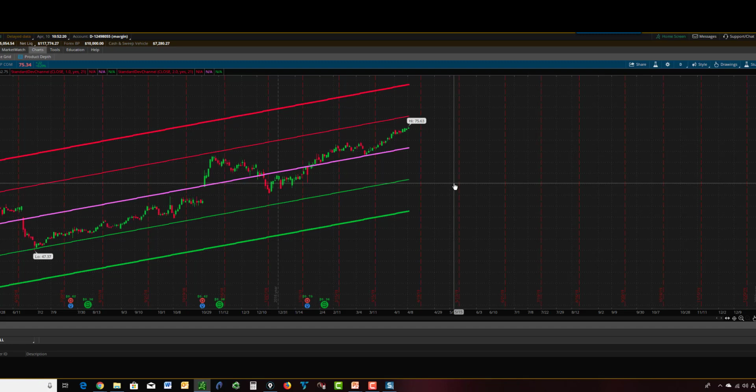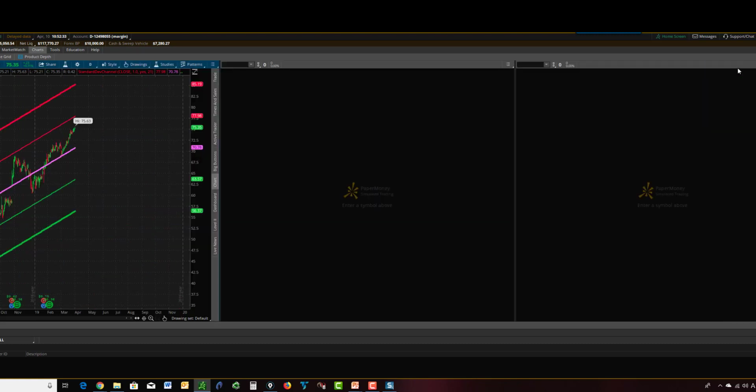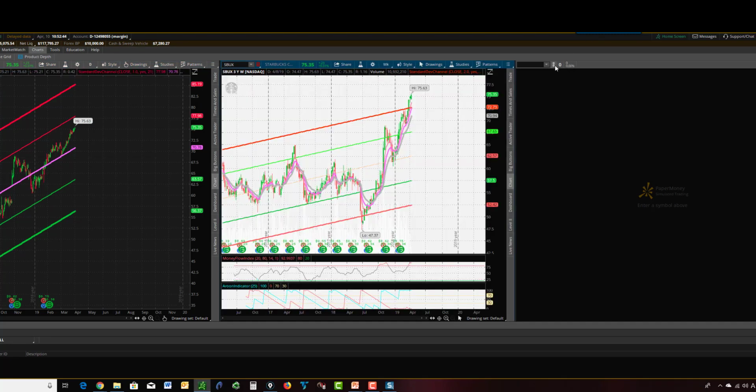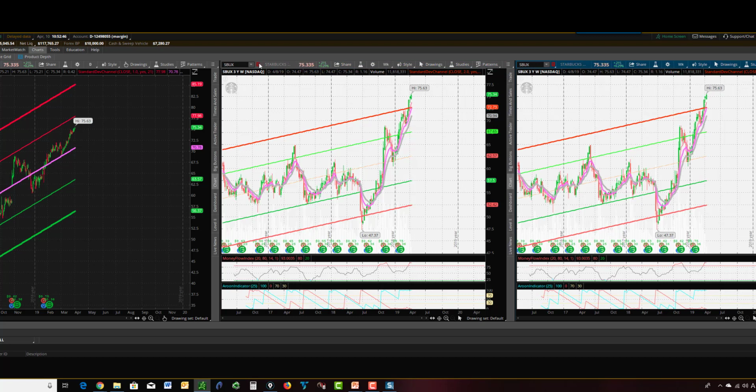Now we're going to discuss that. I like to look at 3 different charts when I want to decide on a trade. Up here, you see this little box, it says 1. I'm going to click on this little arrow here and make it 3. You can see there's a red 1 here. If I change all this to red 1, I'm going to see the same Starbucks showing, but you see I have different charts here.